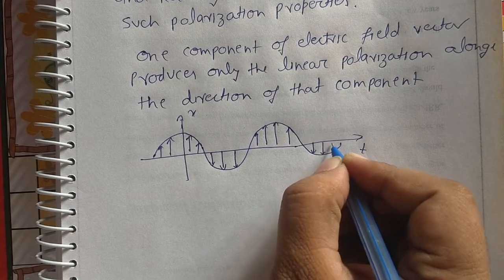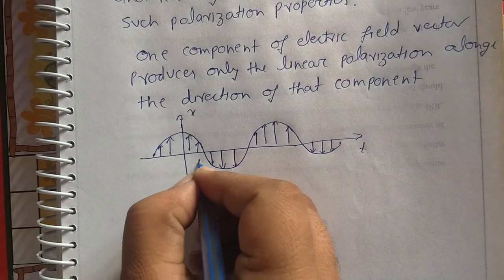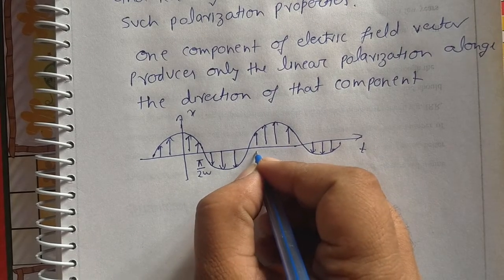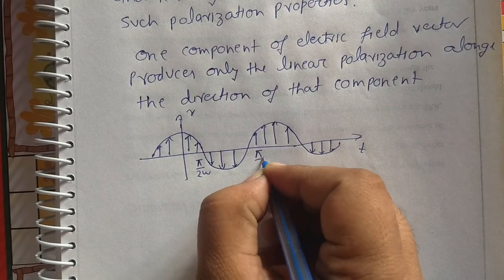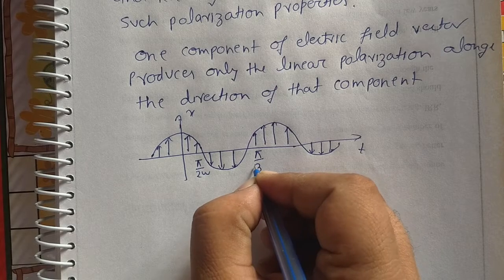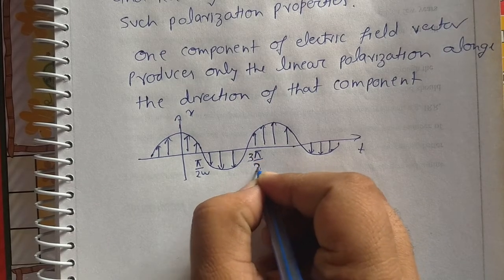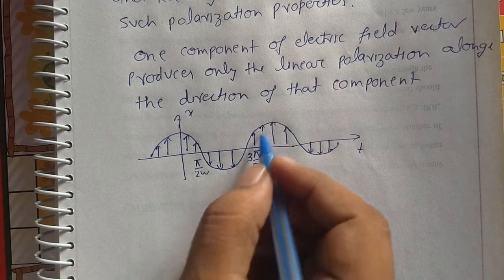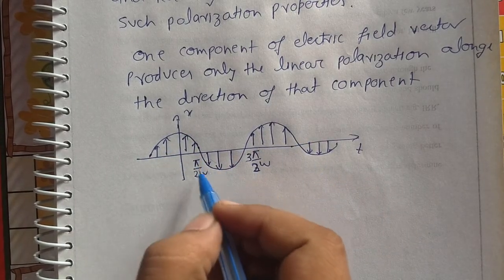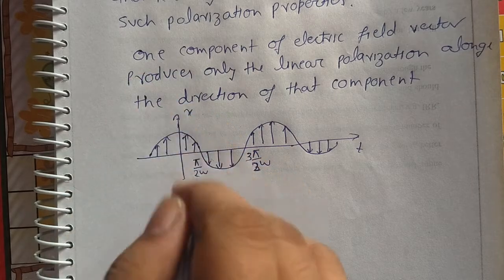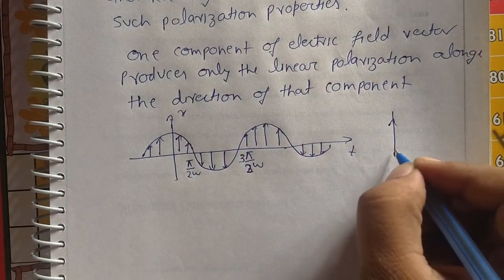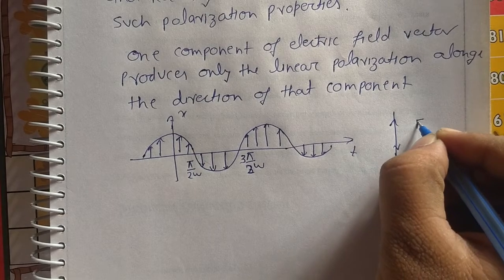You can see here pi by 2 omega, pi by omega, 3 pi by 2 omega. Okay, so you can see here this is the electric field variation. The electric field variation is along only the X direction.